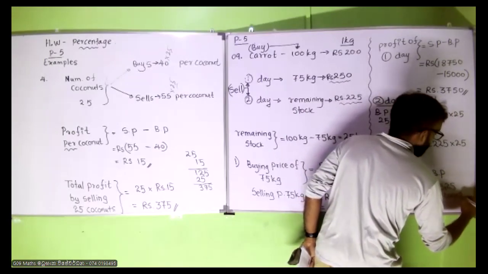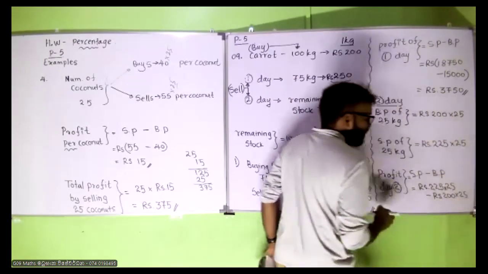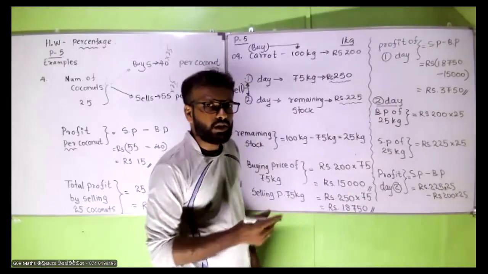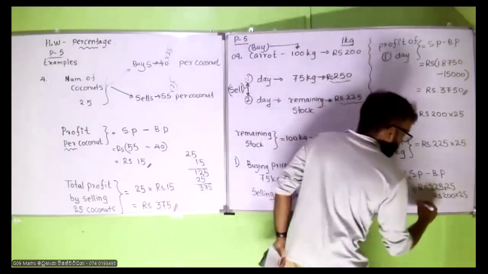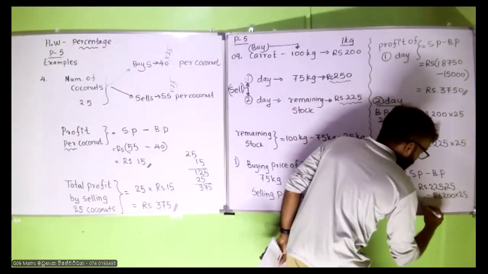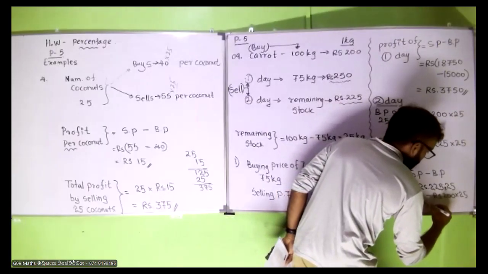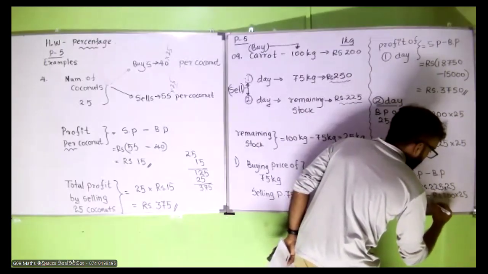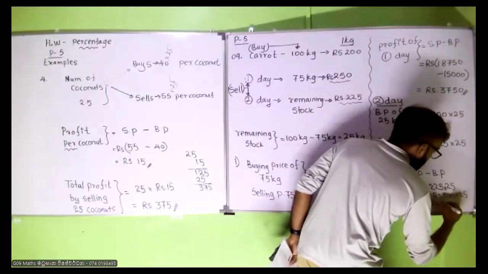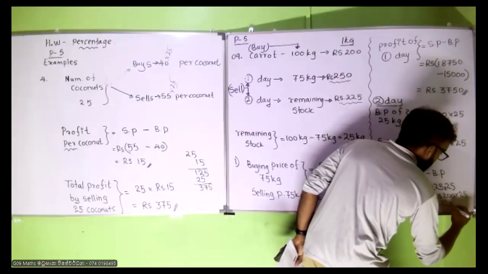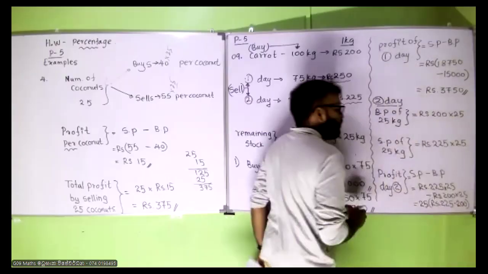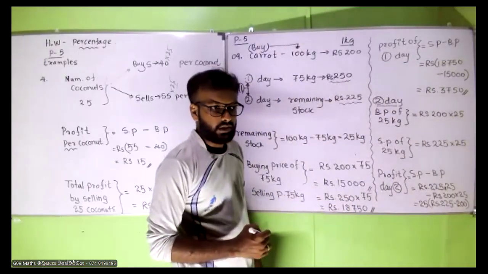200 into 25. So now by looking at this, can you find any common term? 25 is a common term. Take it out. Right. So you have something like this: 225 minus 200.